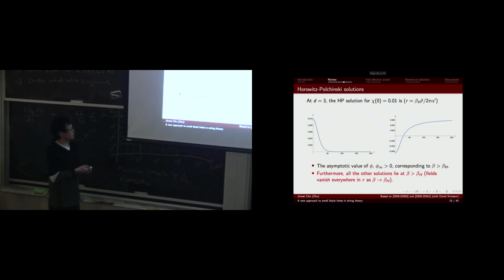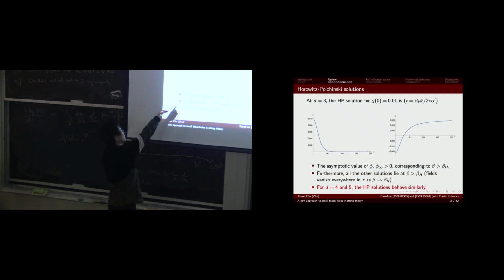And furthermore, for the other solutions with different values of chi 0, they all lie at beta larger than beta h. Why can they not lie at beta equal to beta h? The fact is that as beta approaches beta h, the fields will just vanish everywhere, so the solutions just become trivial. And that's the reason why there's no solution at the Hagedorn temperature.